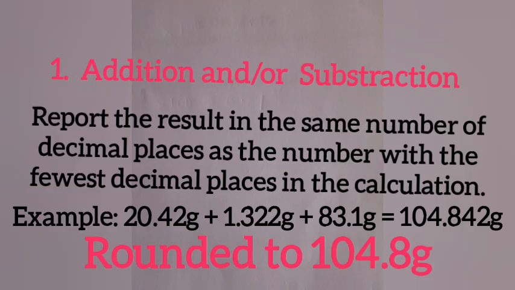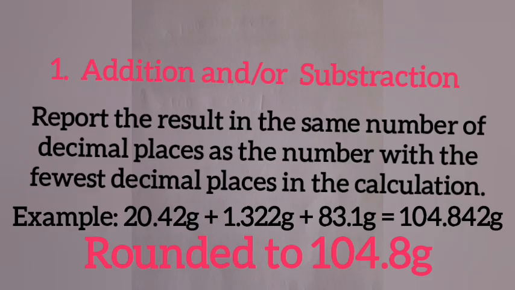The summation of the three numbers gives 104.842 grams. Now, the summation is in three decimal places. We have to adjust the result to match the value with the least decimal places.